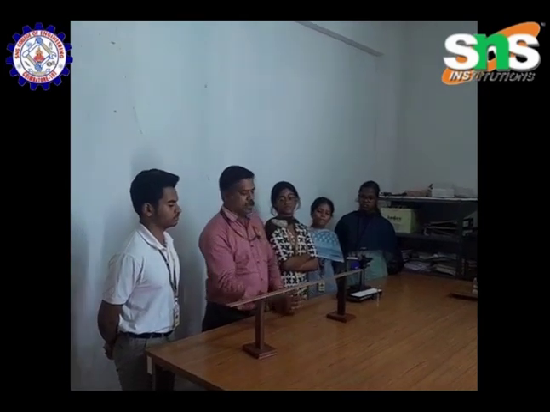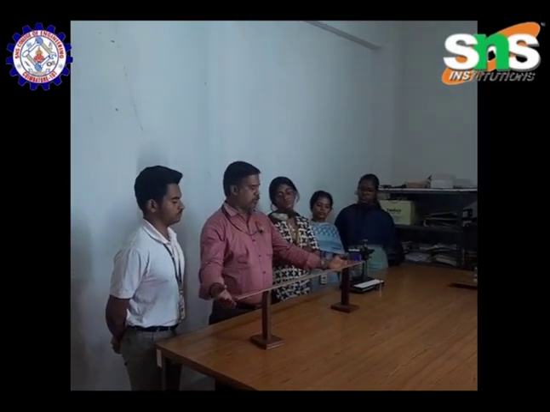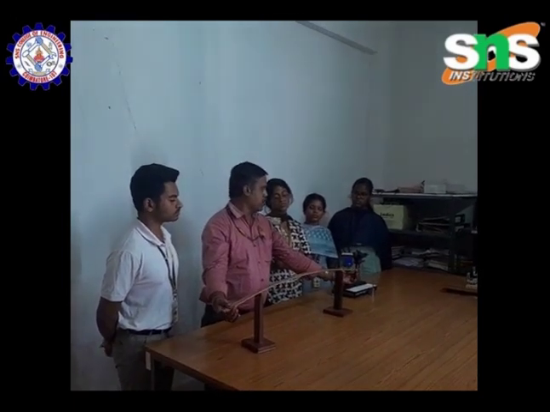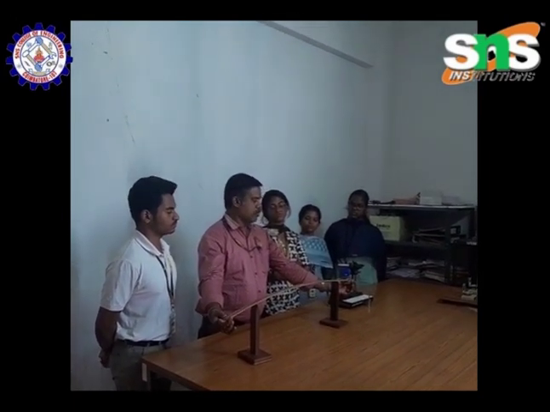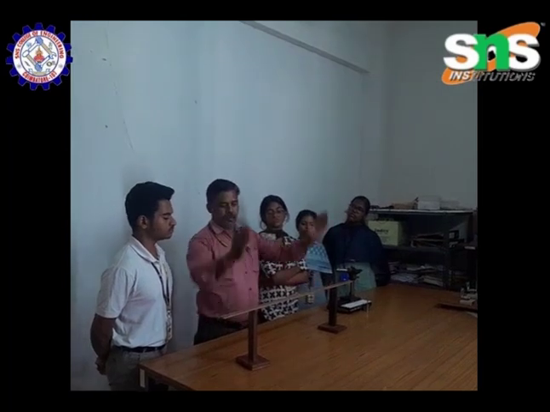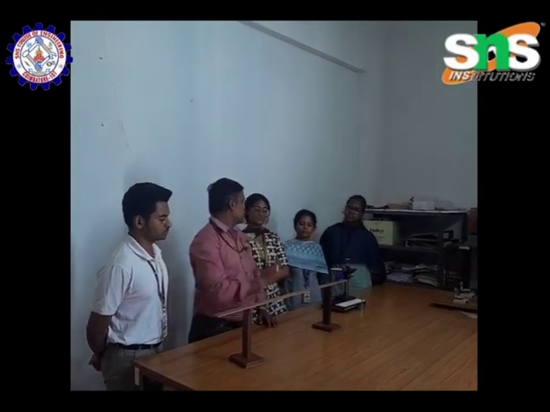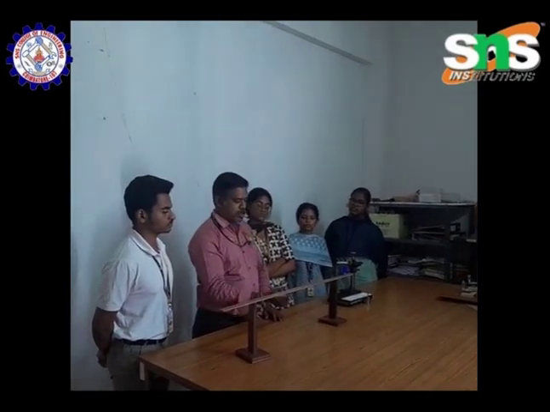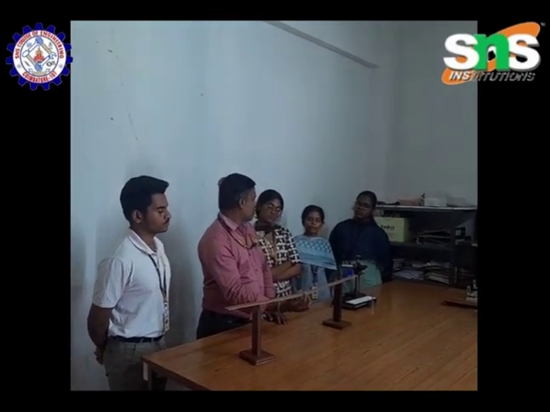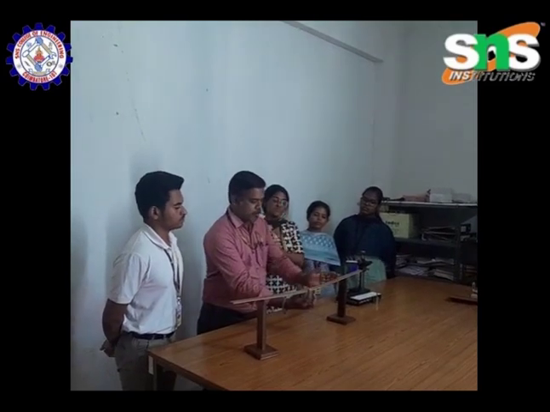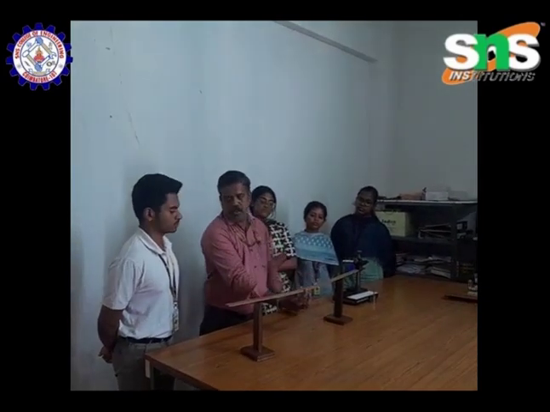For the elevation, the load applied at both ends has the same weight, and the same force acts in the opposite direction at the knife edges. That's why we get the upward elevation. But in the middle portion we apply a single load, and it is equally shared between the two knife edges.